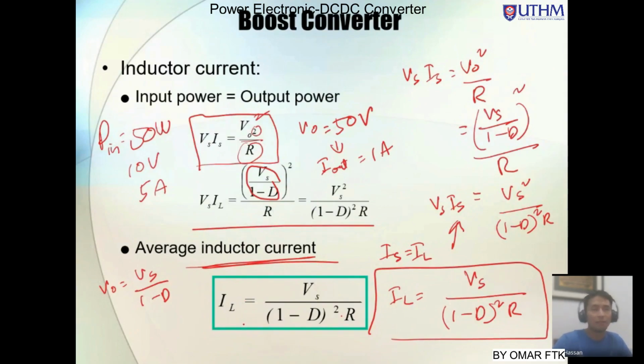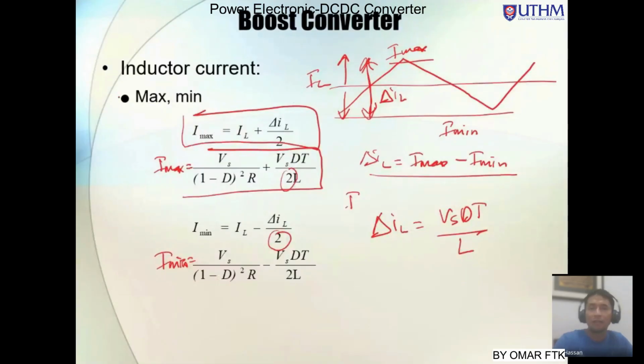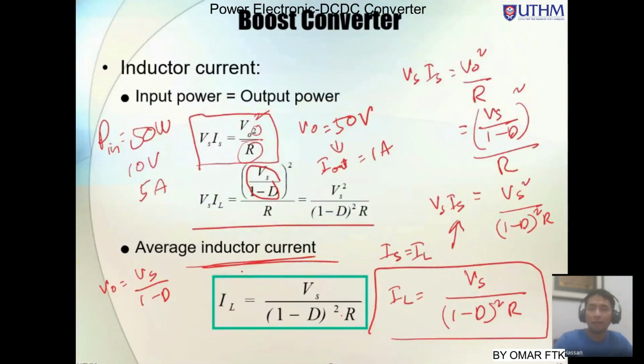Otherwise, when you design, if your switch or diode cannot handle the level of current that circulates in your circuit, then your diode or your switches will burn. So we don't want that, right? Okay. So this model is to calculate the inductor current.